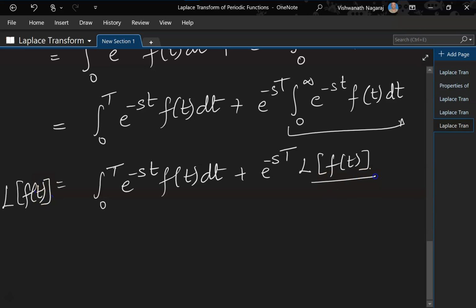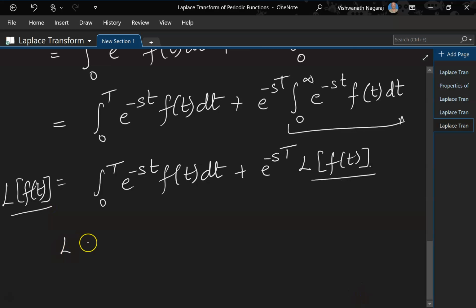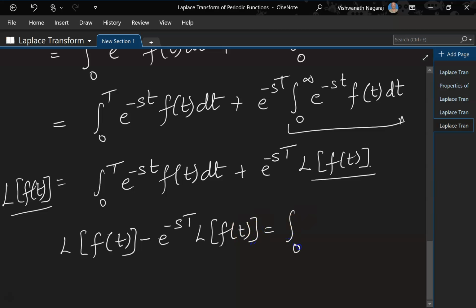So now here also we have the same; these are like terms. Let's bring that to this side. So this becomes the Laplace transform of f of t minus e to the power of minus s capital T times the Laplace transform of f of t is equal to the integral from 0 to T of e to the power of minus st f of t dt.